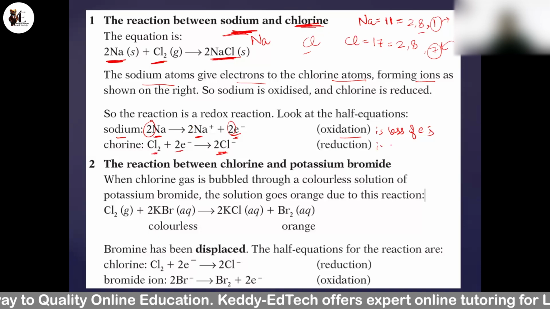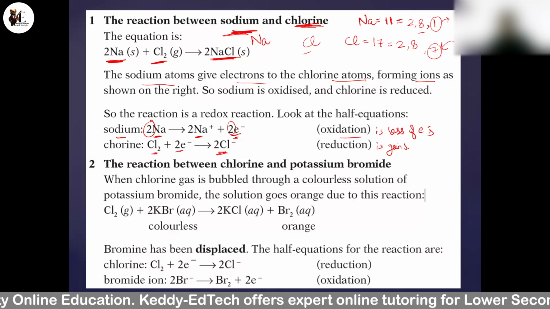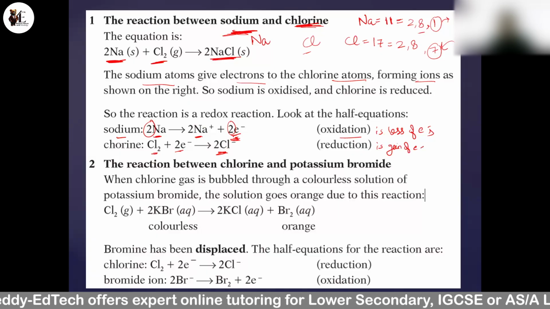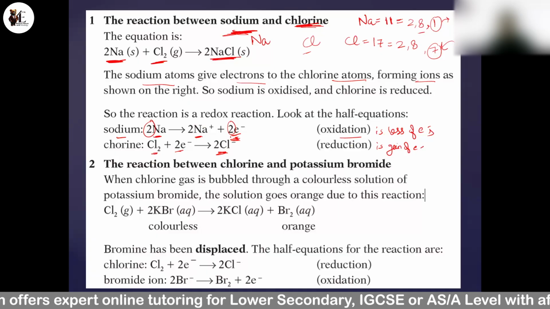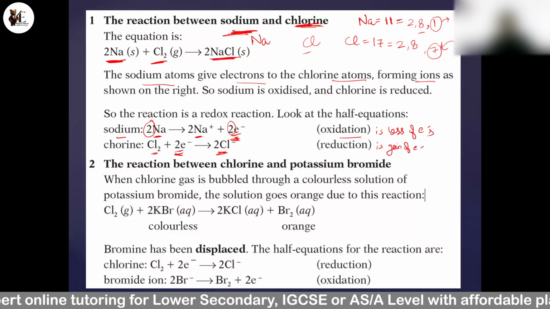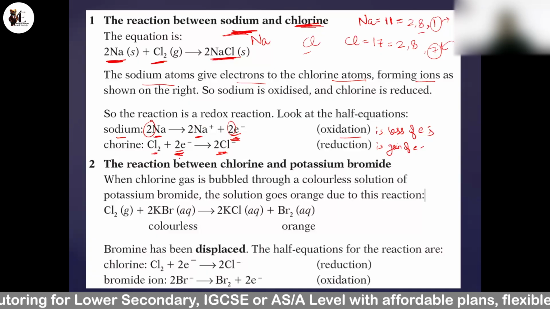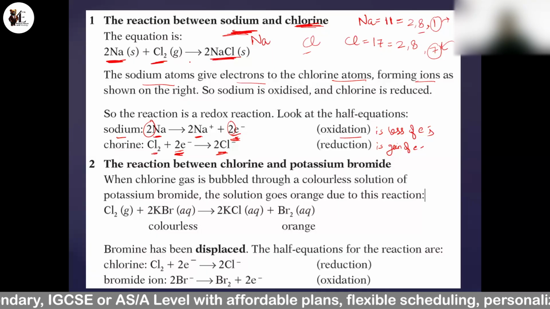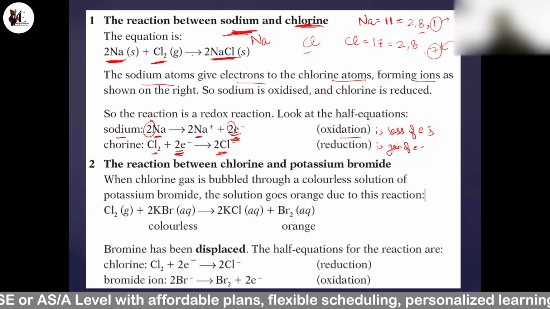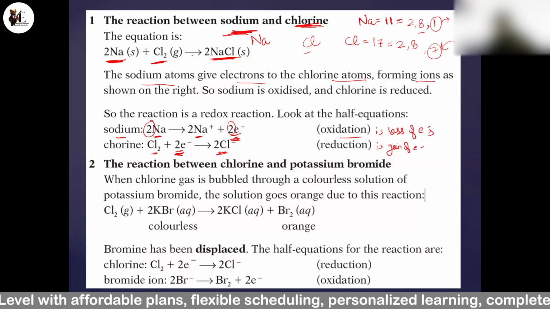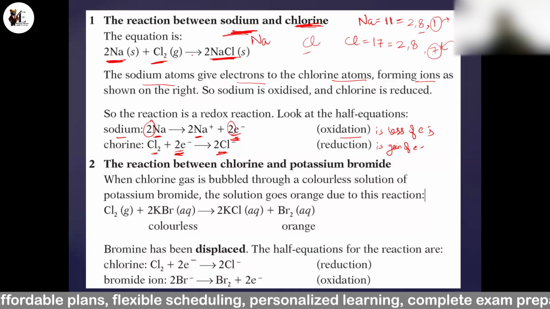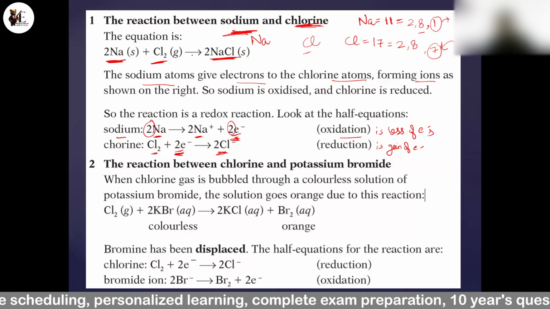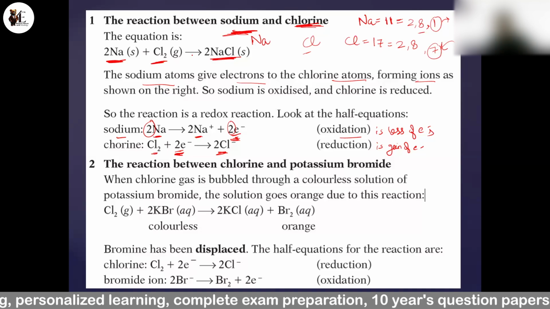So reduction is gain of electrons. You can see here that if electrons are written on the right hand side of the reaction, that means it is oxidation. And if electrons are written on the left hand side of the reaction, then it is reduction. So this reaction is a redox reaction, right? Because loss of electrons is taking place and gain of electrons is also taking place, and there is no use of oxygen. That means this is a redox reaction without oxygen.